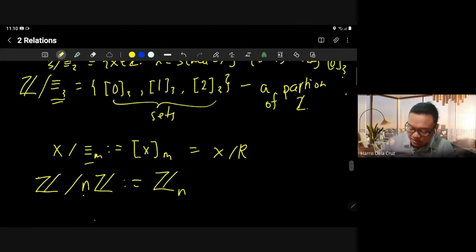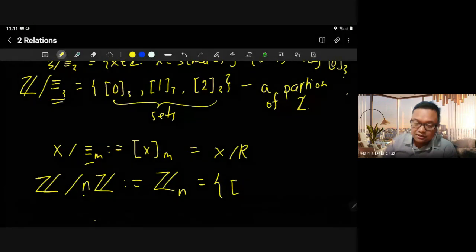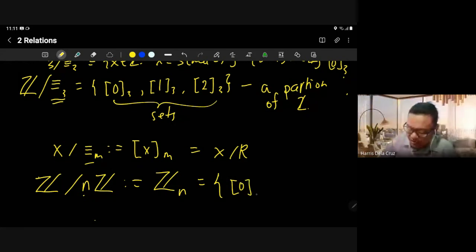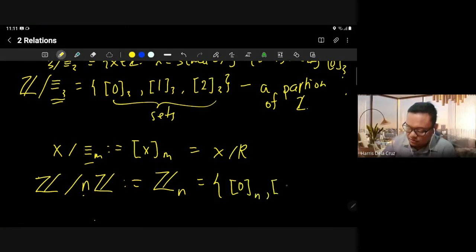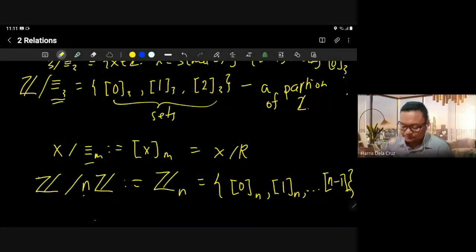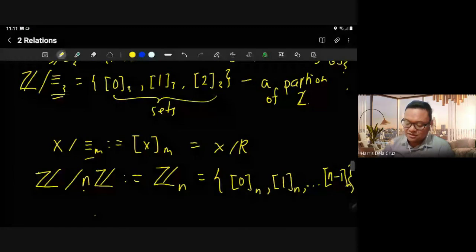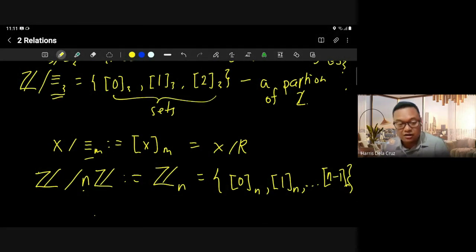So here, C sub n is nothing but the set containing the 0 bracket n, 1 bracket n, and so on, up to n minus 1 bracket n. So the equivalence, the x modulo R relation natin can be written this way in terms of the modulo relation.